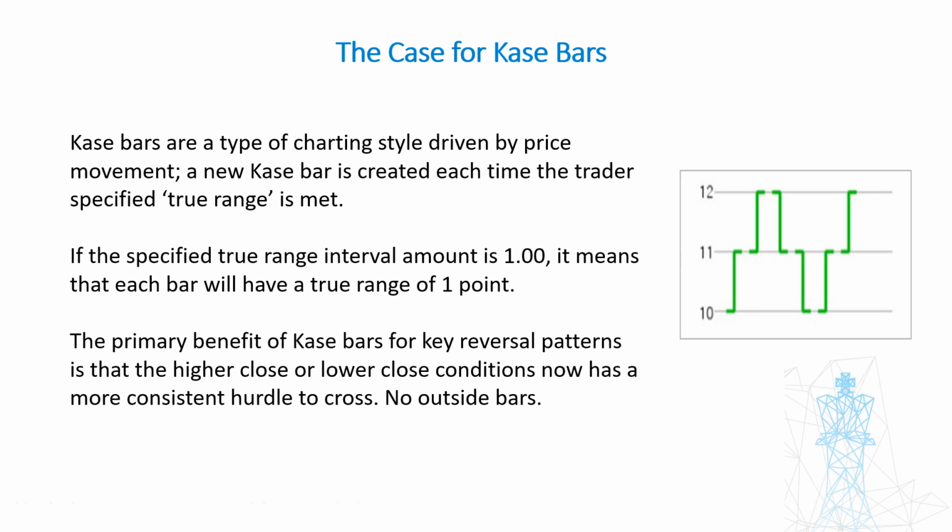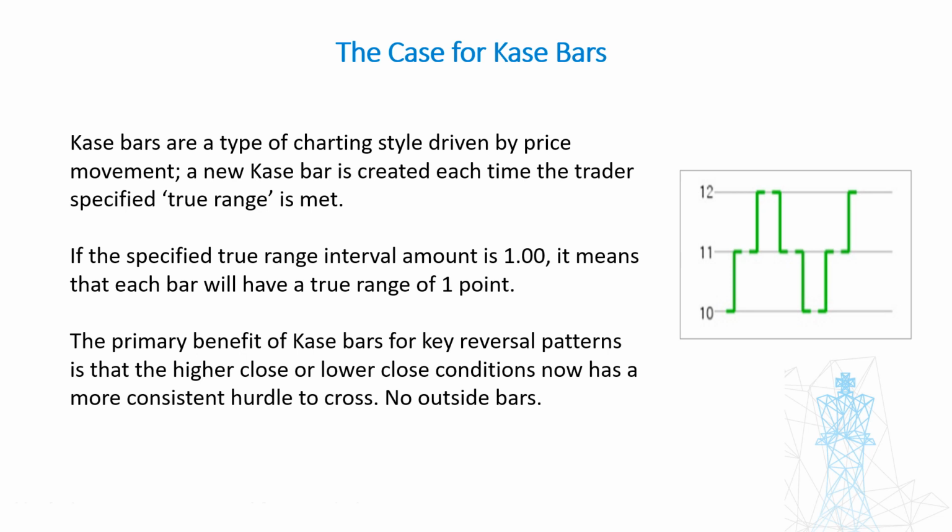So if I set the case bar value to 1, that means wherever the bar opens, as soon as it expands to 1 point, it builds another bar. So every bar is going to equal about 1 point. It could be a little bit different because of the way that we parse the tick data or the minute data, but generally each bar is about 1 point in true range.